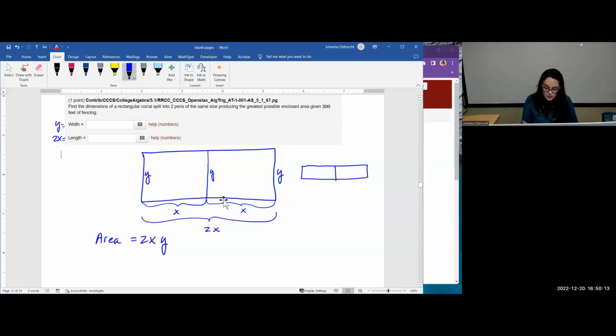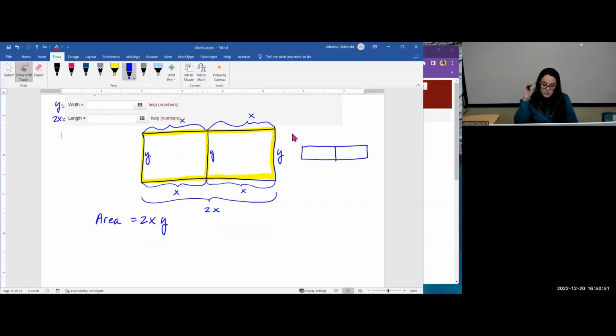Let me go ahead and label the rest of these sides because I know that this side is also x and this side is also x. 300 feet of fencing. Well, the outsides here, let me outline them in yellow. This is my fencing, and I've got 300 feet of fence. I want to use it all because I want the area to be as big as possible. Then if I add up all these side lengths, that should add up to 300.